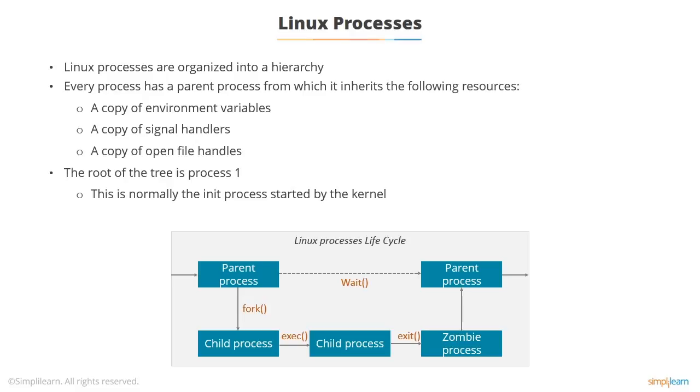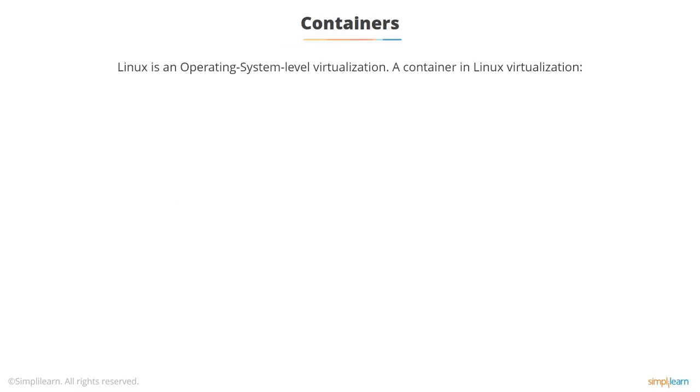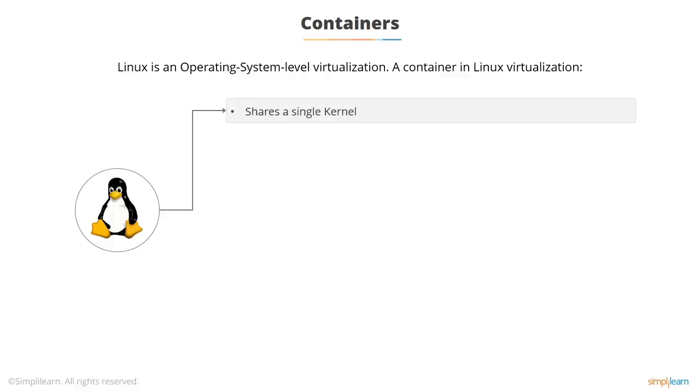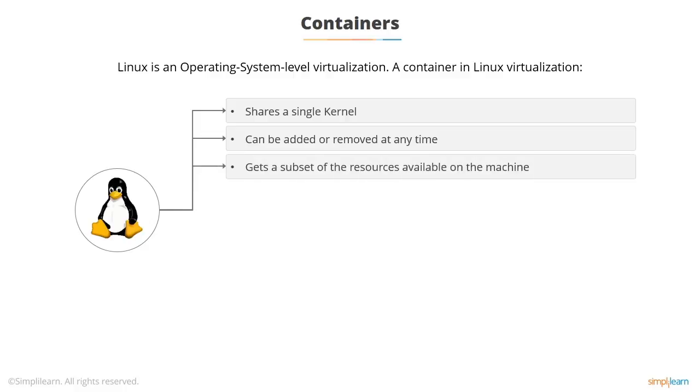So bringing all these things together, we've got the idea of containers: operating system level virtualization. You have an operating system with a single kernel, and you can add these containers at any time or remove them, and they get a subset of the resources available on the machine, and they run completely independently.